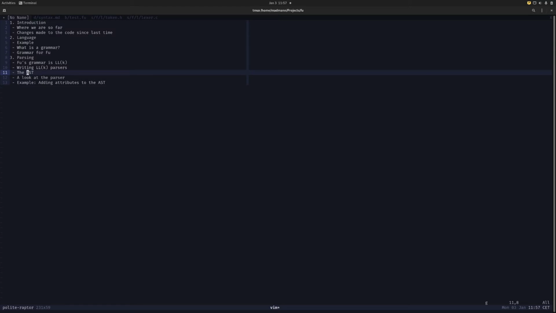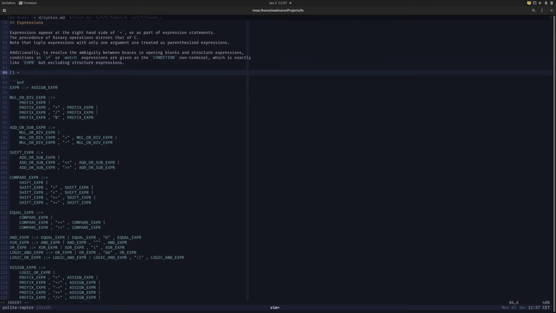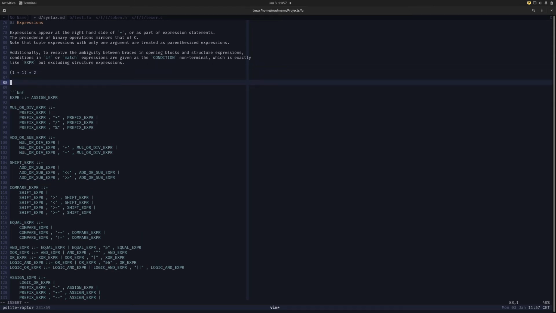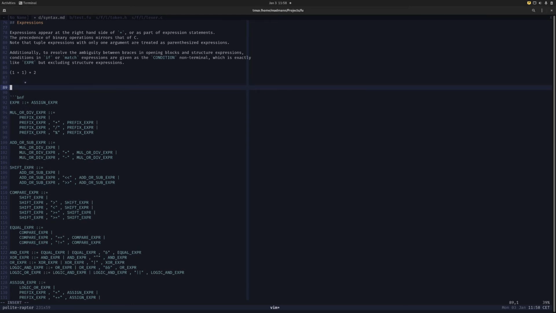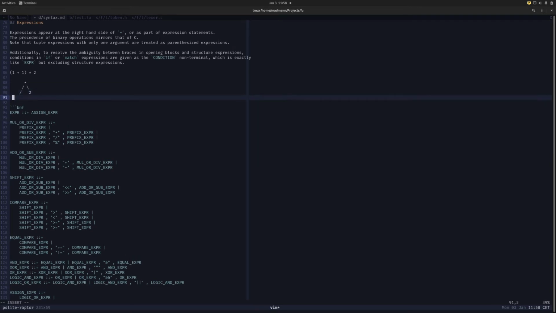For instance, if you remember the expressions, I have removed this here, but if you recall, I had something like 1 plus 1 multiplied by 2. And as you can see, there's some kind of ownership here, right? There's this multiply node here that has this right-hand side, a 2, and as a left-hand side, there's another expression which is 1 plus 1.